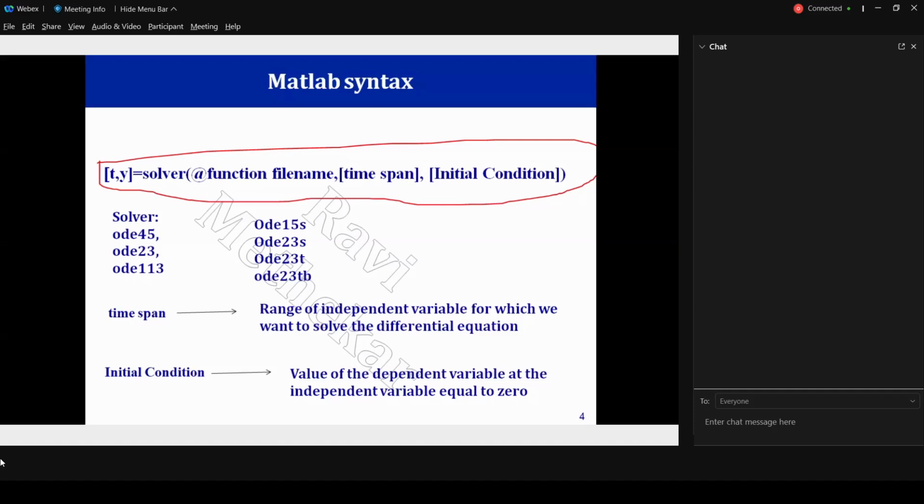There are n numbers of methods like Runge-Kutta methods, RK4, you might have learned RK4, and trapezoid methods. There are so many numerical methods available for numerical solution of ordinary differential equations. What MATLAB did is code all these methods for all the problems and generalize them.